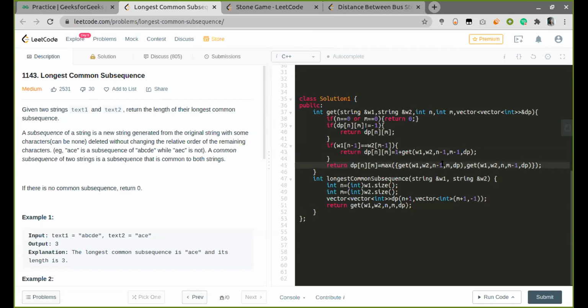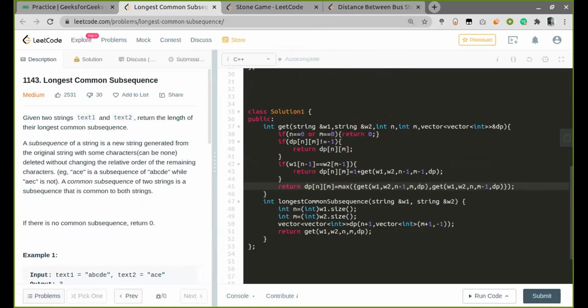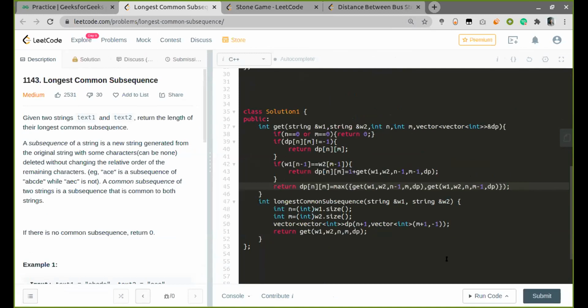Okay, so your main function is the longest common subsequence, and you are calling DP, which is another function. Oh no, sorry, DP is the array and get is the function.